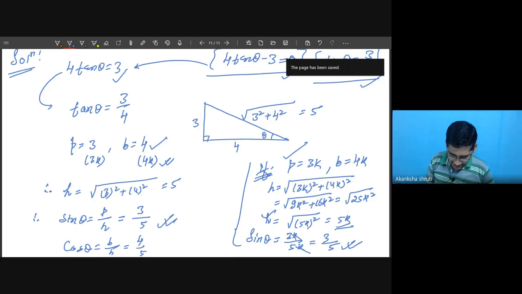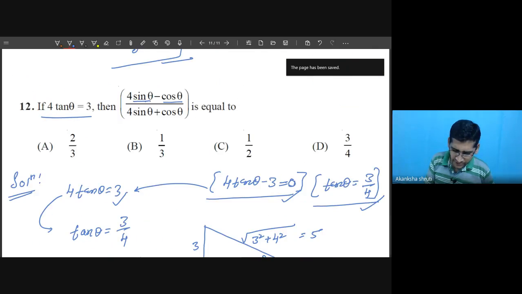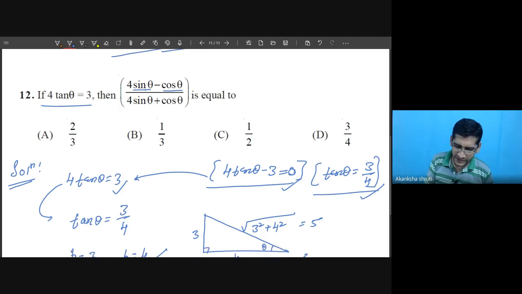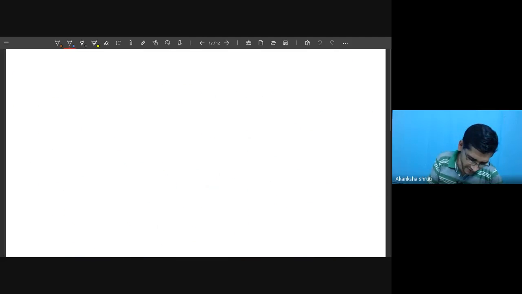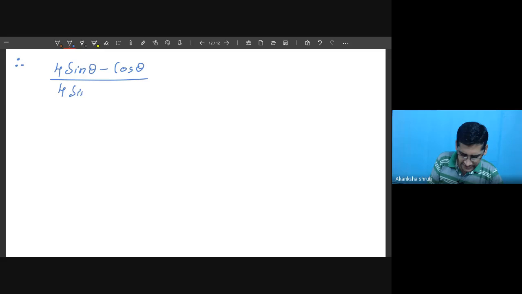Student, but what we need to calculate is 4 sine theta minus cos of theta divided by 4 sine theta plus cos of theta. So therefore, now we have to go for substitution. Therefore, 4 sine theta minus cos of theta divided by 4 sine theta plus cos of theta.